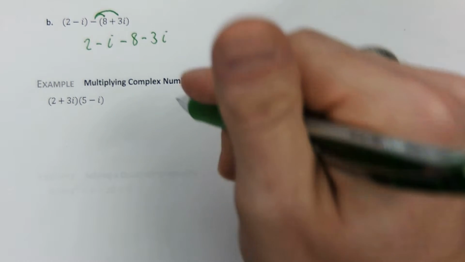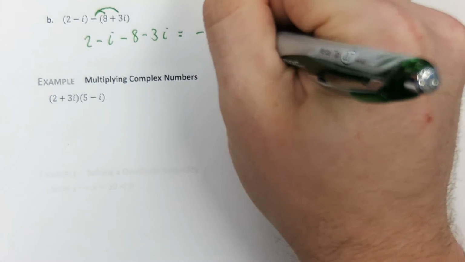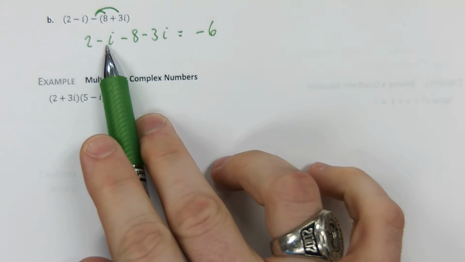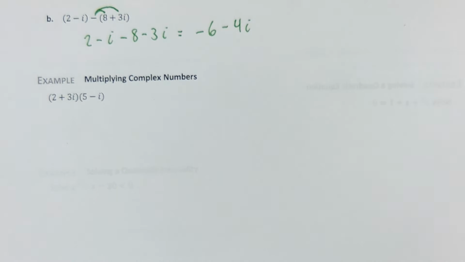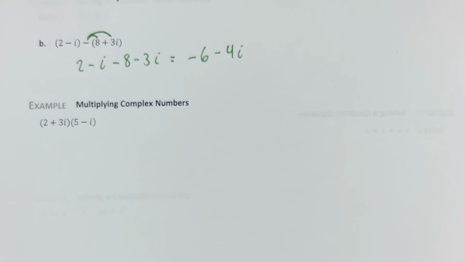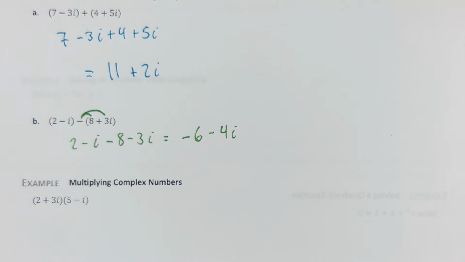Now, again, just combining your like terms. 2 minus 8 is negative 6, and negative 1i minus 3i is negative 4i. So I hope that adding and subtracting complex numbers is remarkably easy for everyone. Awesome.